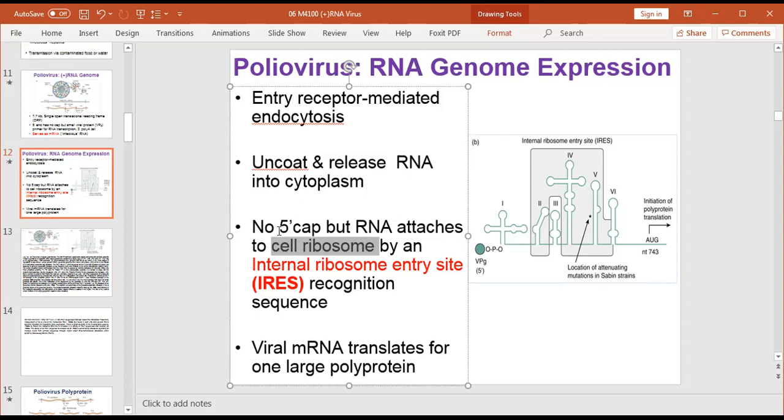Since this genome lacks that 5' cap, the recognition of the host cell ribosome is accomplished by a sequence within the RNA called the recognition sequence, also termed internal ribosome entry site, or IRES. And after binding to the ribosome, the viral messenger RNA starts being translated to make one large polyprotein.